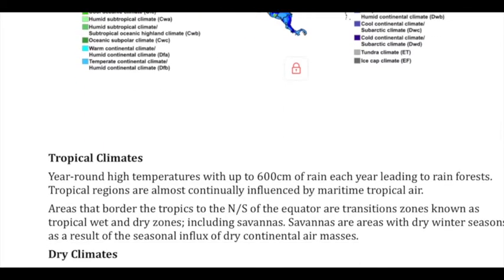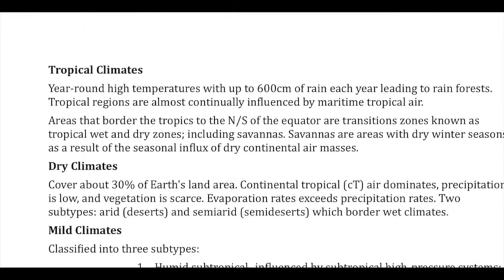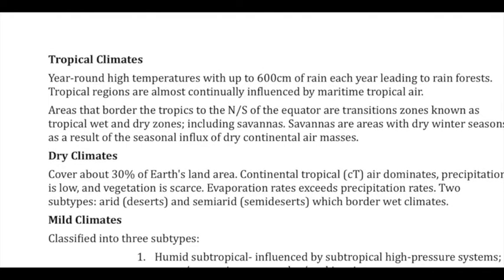Okay, so here are the basic ones. The first one would be the tropical ones. A lot of times tropical regions are close to the oceans. You don't have a lot of broad continents around the equator, for instance. So you have lots and lots of islands, so you have a maritime influence.